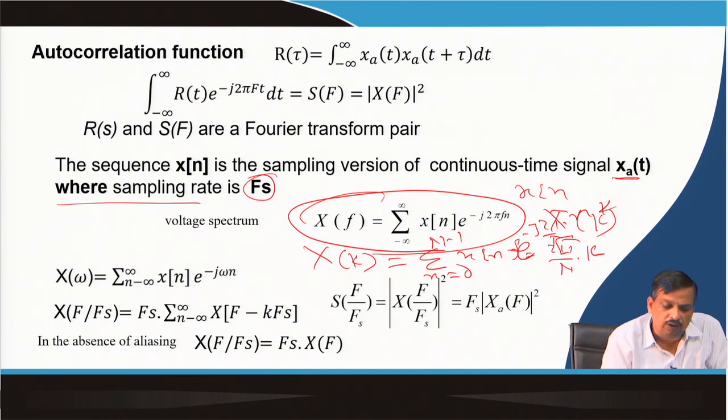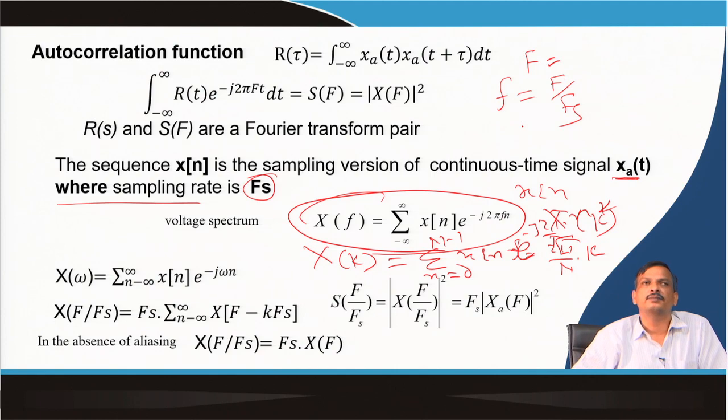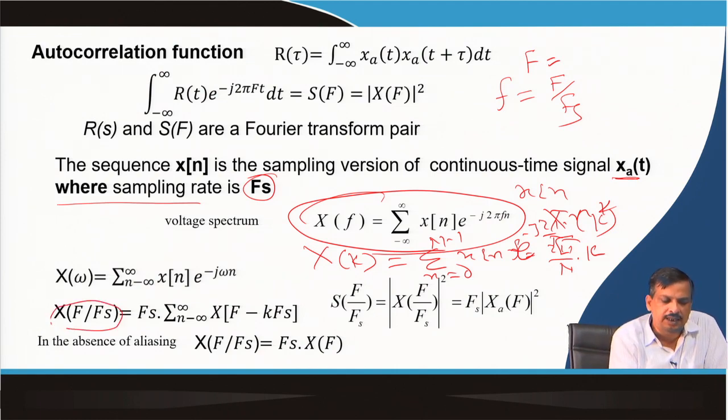Okay. Now, what is small f? Already I gave you the notation in lecture week number 1 that capital F represents analog frequency, and small f represents this normalized discrete frequency, which is nothing but F by Fs. So, X of F by Fs is nothing but Fs into this one.